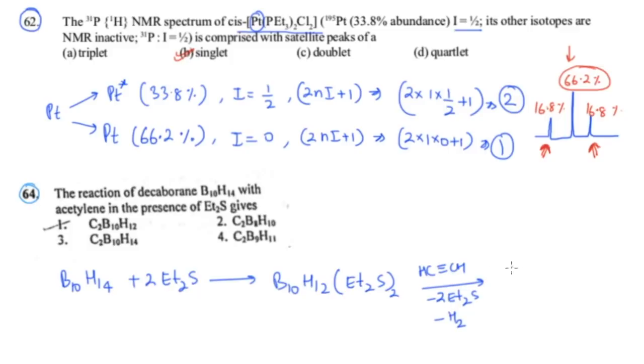What you get is B10H10 along with C2H2, or you can write it as C2B10H12. So that's what your answer should be.